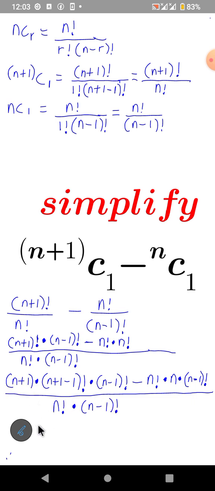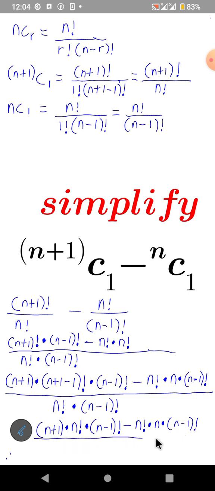This n plus 1, so we say open bracket n plus 1 multiplied, now n plus 1 minus 1 is what? n, so we only have n factorial left here, multiplied n minus 1 factorial, minus n factorial multiplied n multiplied n minus 1 factorial all over n factorial multiplied n minus 1 factorial. Then we continue.